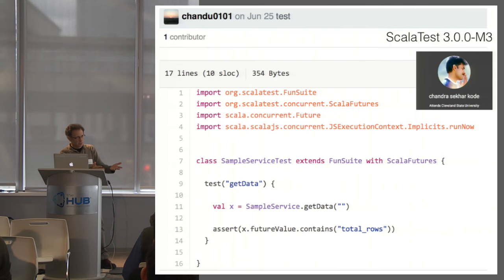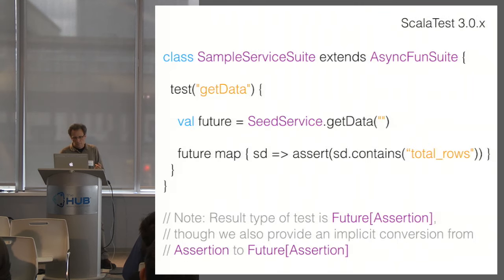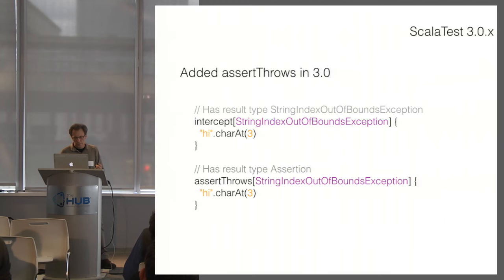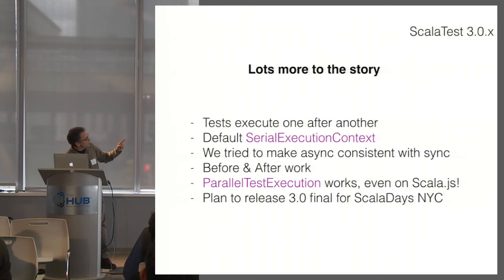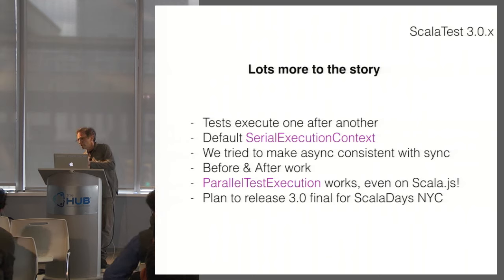Now I sound like being wishy-washy again, but the reason is because one of the other reasons we had this serial execution context is that if it's really doing something asynchronous, then what could happen is that the queue empties, there's no more jobs to do, but the test hasn't finished. So what we do in that case is we block. So we actually block by default with the serial execution context.